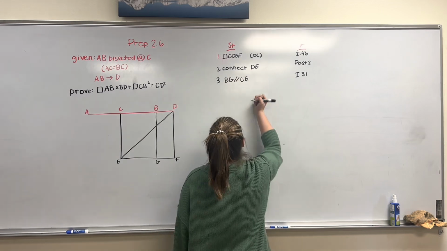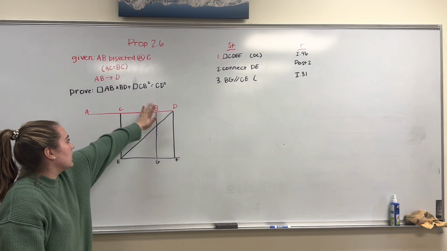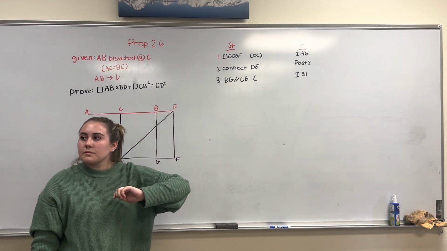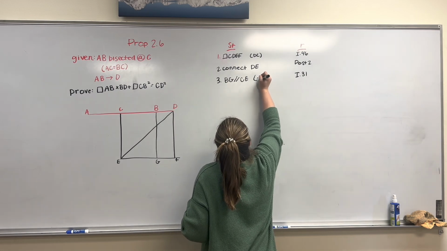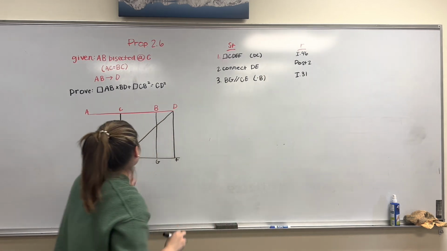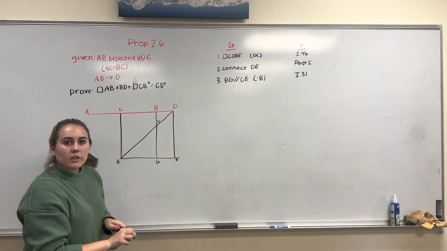So I'm going to be using CE actually. And so I created that line using point B. So then we're going to label this point right there H, just so we have a little name for it.